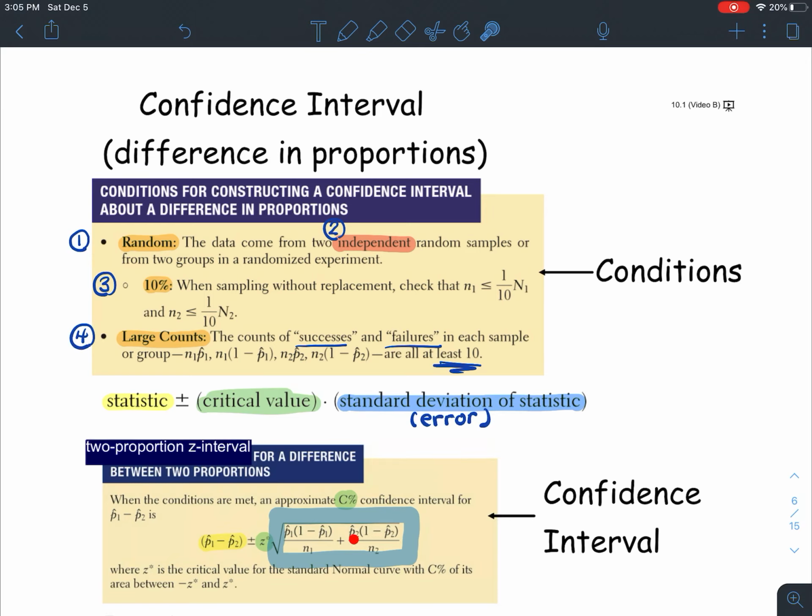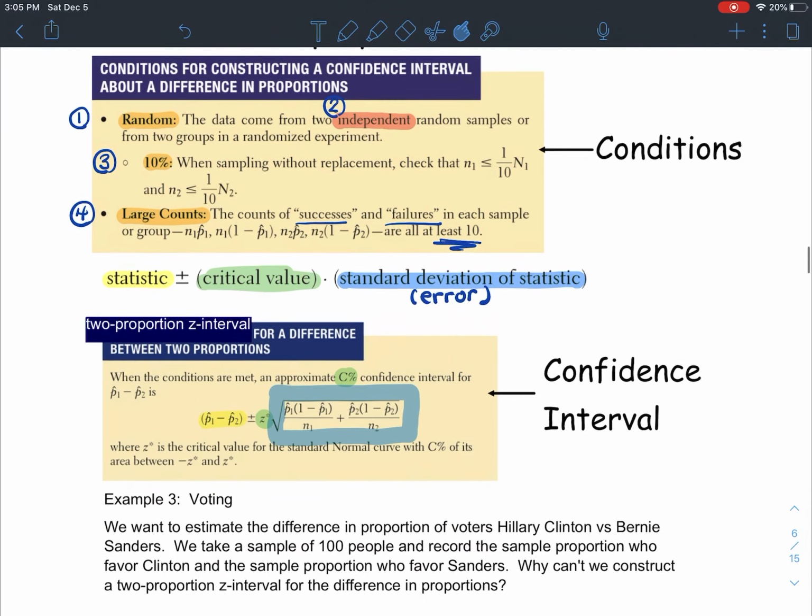We're trying to estimate what the true difference is in the two population proportions. If we knew what those values were, we wouldn't need to try to create a confidence interval to estimate that. So anytime we're replacing the population proportion, the P1 and P2, with a P hat 1 or P hat 2, that is when we call it the standard error of the statistic.